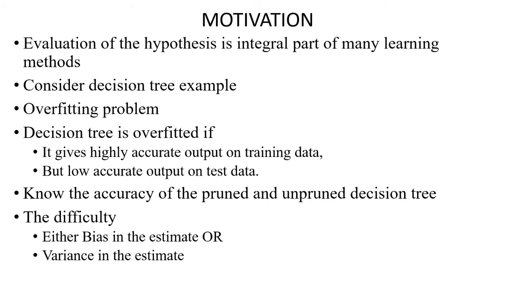In short, a decision tree is overfitted if it gives highly accurate output on training data but low accurate output on testing data. Therefore, it is important to know the accuracy of the pruned and unpruned decision tree to find out likely errors.